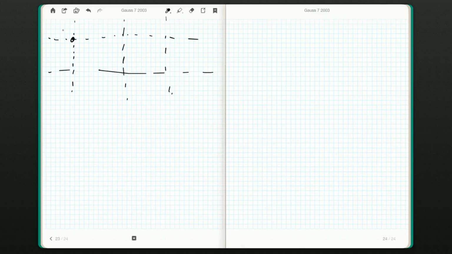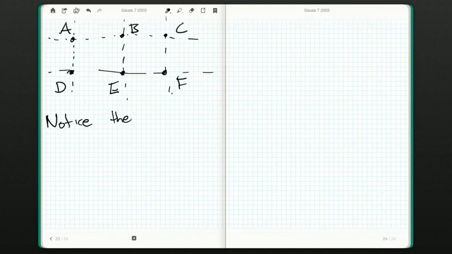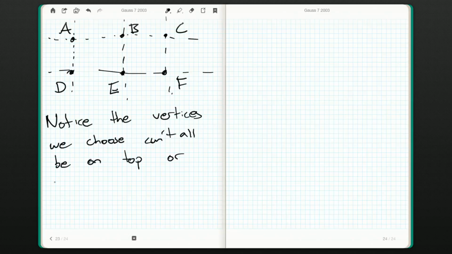So here are points A, B, C, D, E, and finally F. So notice the vertices we choose can't all be on the top or the bottom.